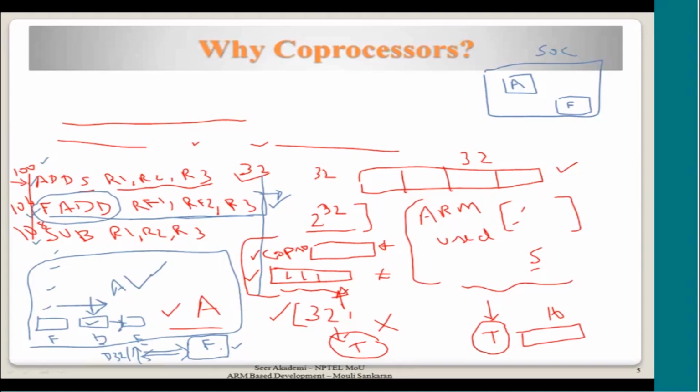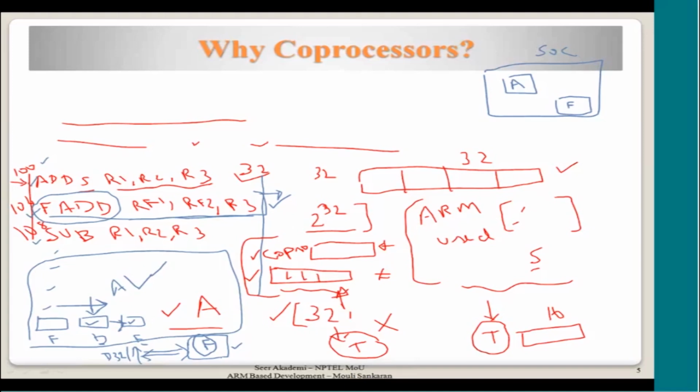The floating point coprocessor is also reading all the instructions read by the ARM core, so it will know that it has an instruction for it, and it will execute it only when that instruction reaches the execute stage of the ARM processor.